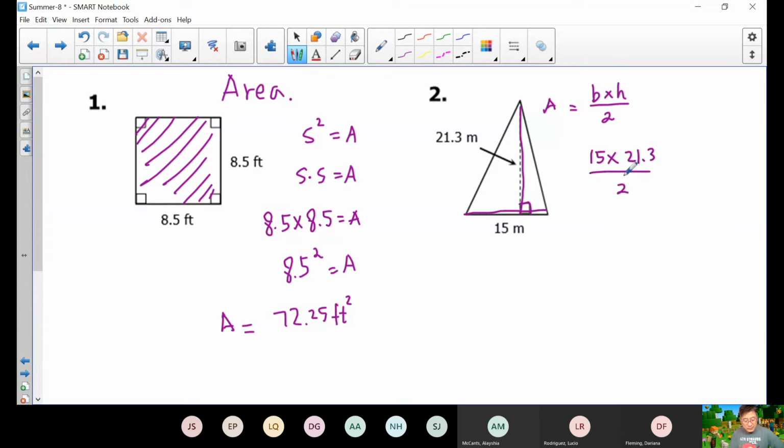So I use calculator. 15 times 21.3 and divide by 2. The answer is 159.75 meter square. When it's a distance, it's just meter, right? When it goes area, it always gives you square, right? Area. Okay, for the triangle.